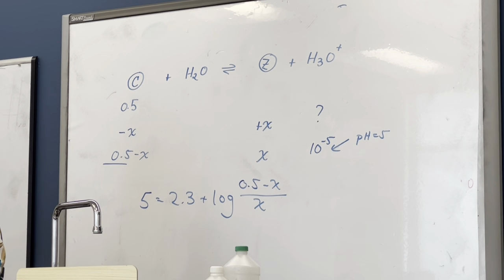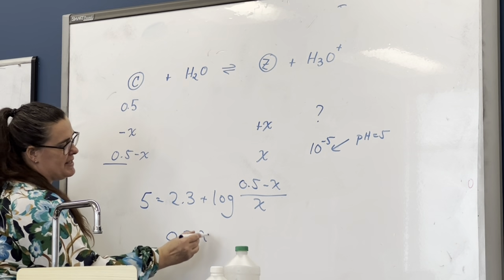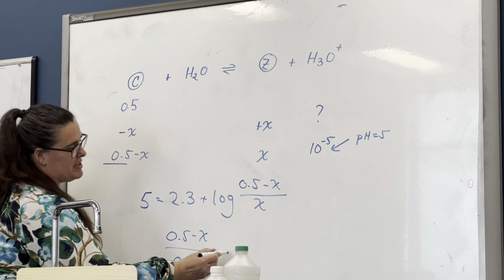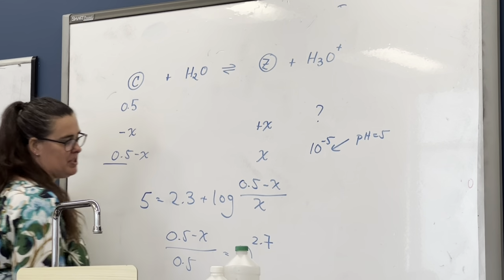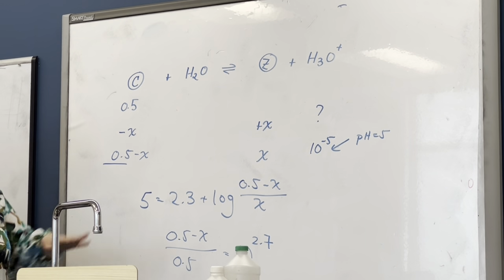But you have to do all the same work. You didn't find some fly shortcut to save us all. And so you're going to be in the same position. You're going to have 0.5 minus x over 0.5 is equal to 10 to the 2.7, which is 501. And there will be, yeah, back there.